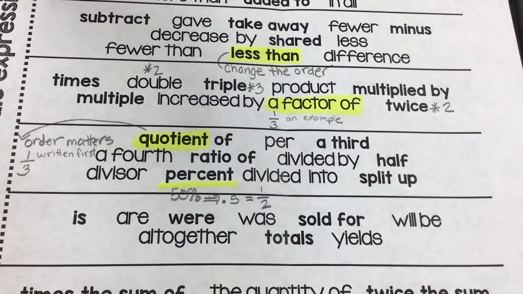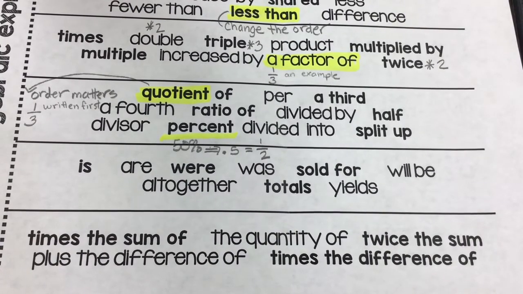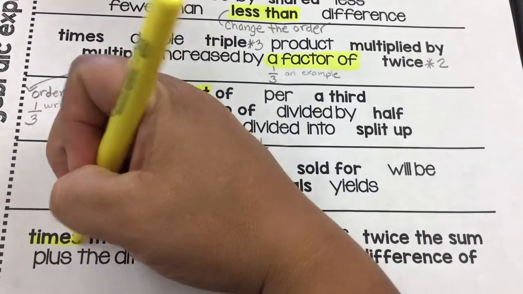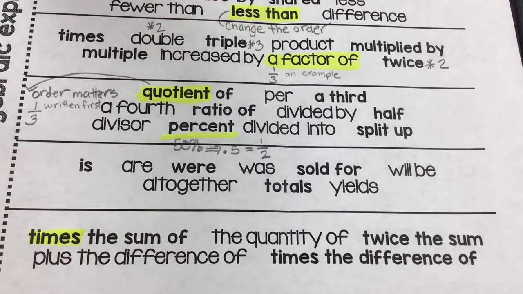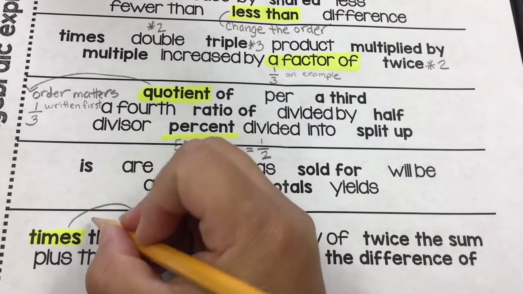All right, so we got all of these on here that mean equal. Is, are, all the conjugations of is will still be an equal sign. Together, all together, total, is the total, all of those words will mean equals. And then on here, we have times the sum. I want you to notice that it's asking you to multiply after you added.